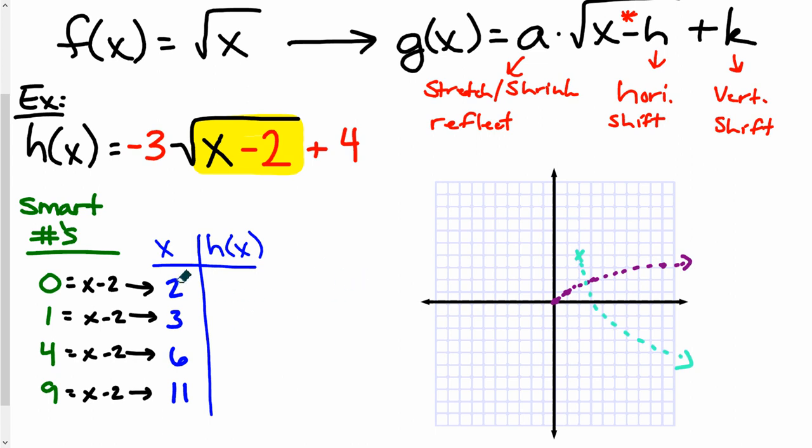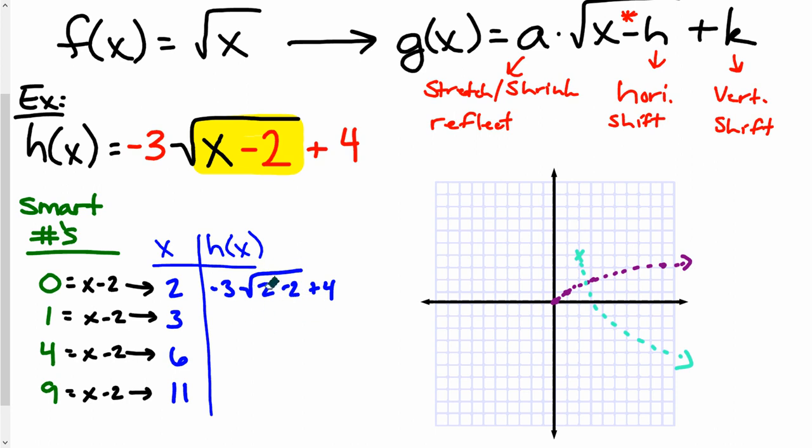So we're going to evaluate the function h at 2, then again at 3, then again at 6, then again at 11. So if I substitute a 2 in for x, that's going to be negative 3 times the square root of 2 minus 2, plus 4. Well, order of operations says do what's inside the parentheses first. There's really an invisible set of parentheses inside the radical.